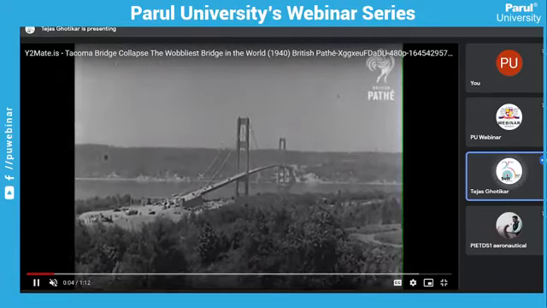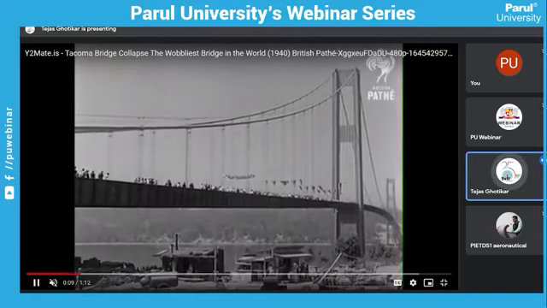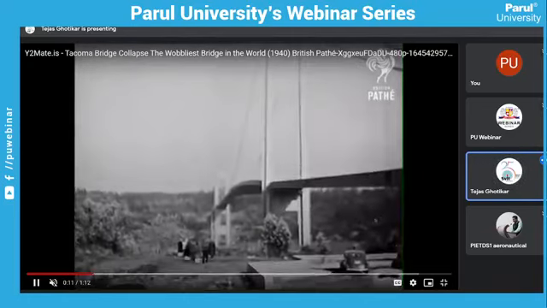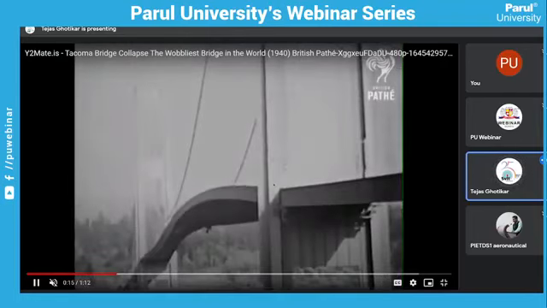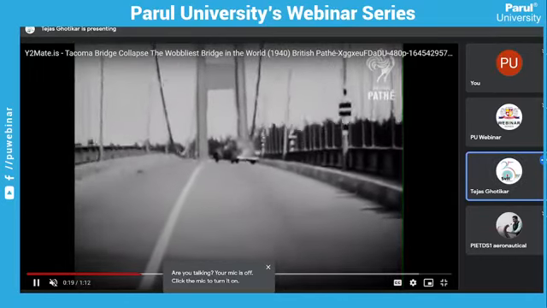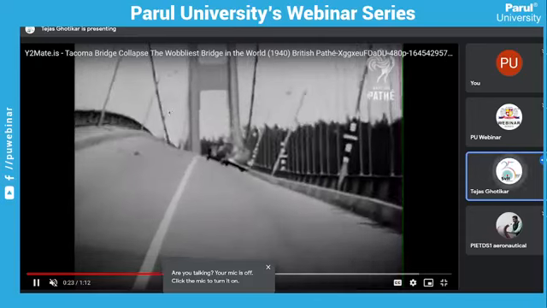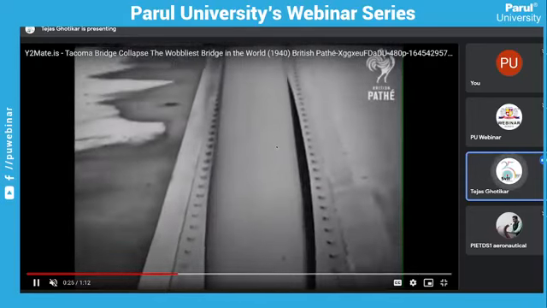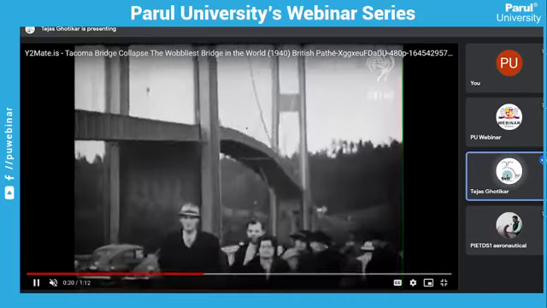Here, in one particular year, there was a newly inaugurated bridge, and at that time the wind speed was around 40 kilometers per hour. It was not much, but what happened? The natural frequency of the bridge and the frequency of the wind matched with each other.